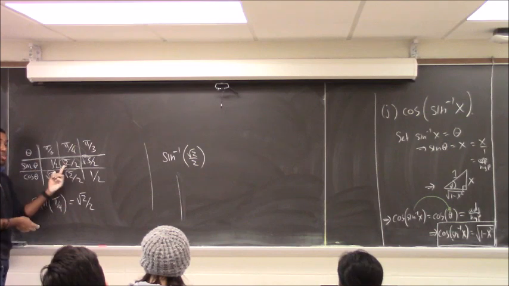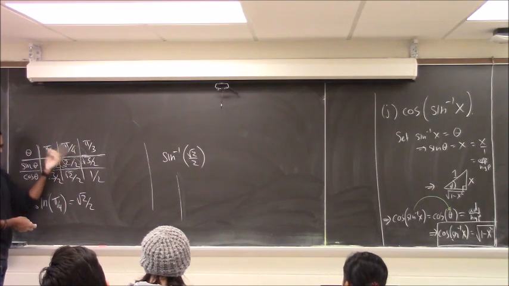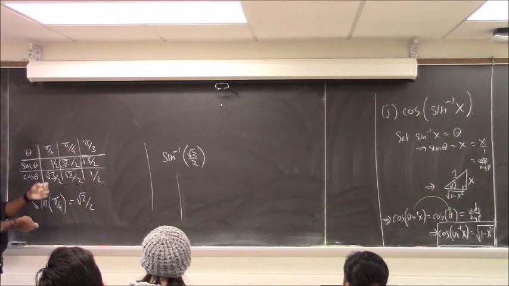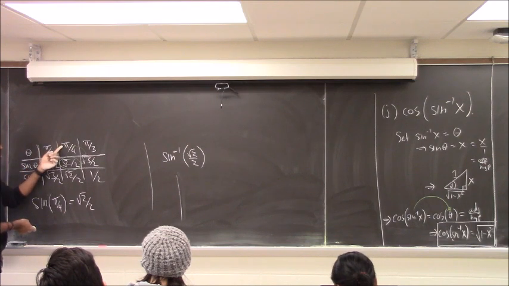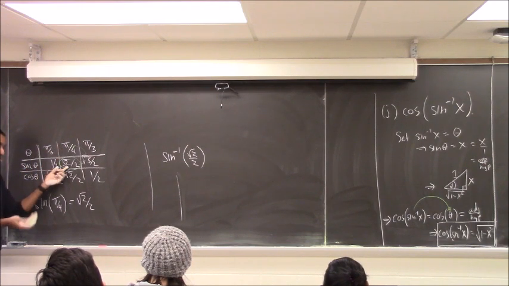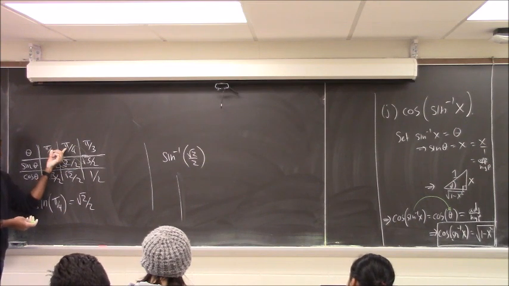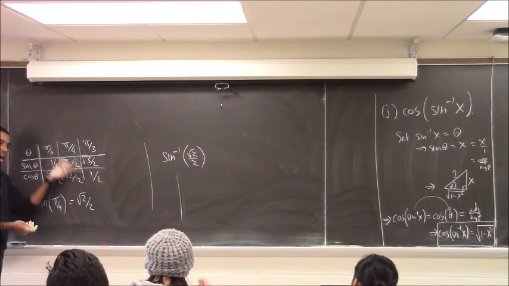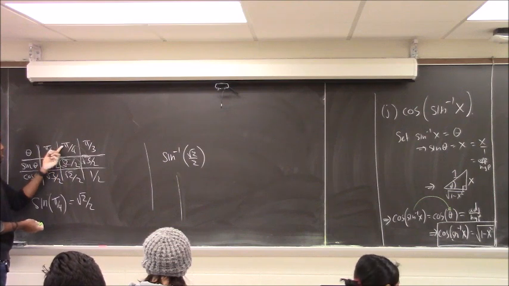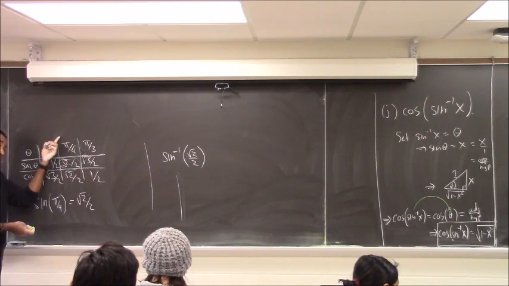So you memorize it, and you're just going backwards. If you ask me about sine of pi over 4, it's radical 2 over 2. That means the sine inverse of radical 2 over 2 is pi over 4. You just go backwards. Instead of going from here to there, you're now going from there to here.